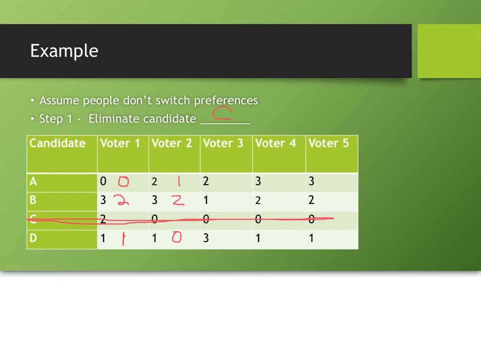Voter 3, 0, 1, 2. Voter 4 is 0, 1, 2, and 0, 1, 2 for voter 5. So after we've eliminated candidate C, we get the 0 through 2 votes on candidates A, B, and D.